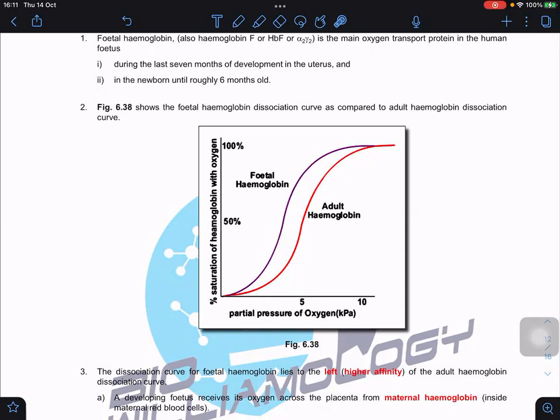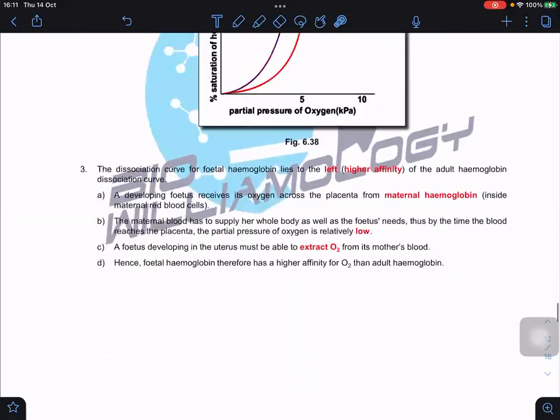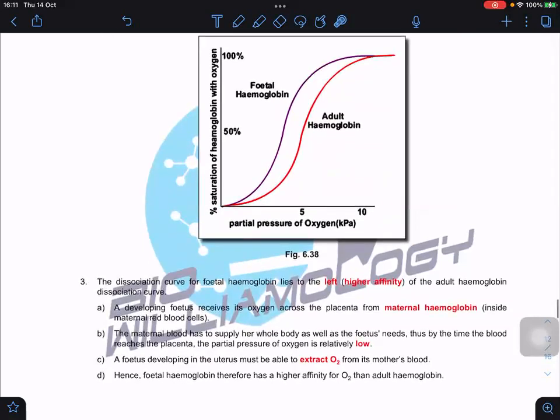So fetal hemoglobin is present during the last 7 months of development in the uterus and in the newborn until roughly 6 months old. During this period they have this fetal hemoglobin. You can see that I use the word lies to the left or located to the left, I don't say shifted to the left.